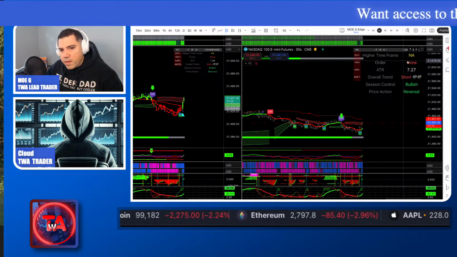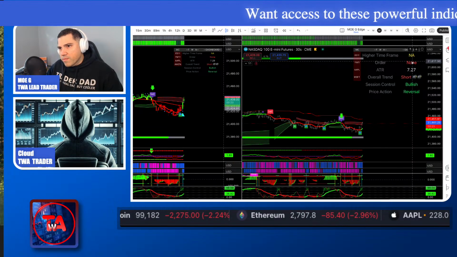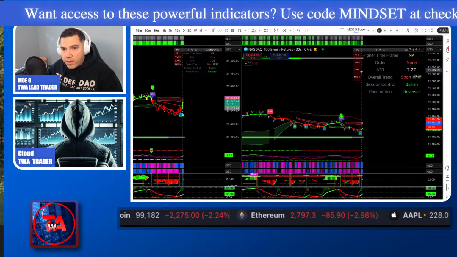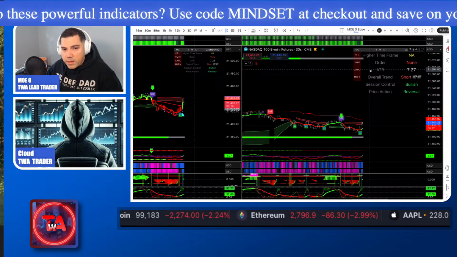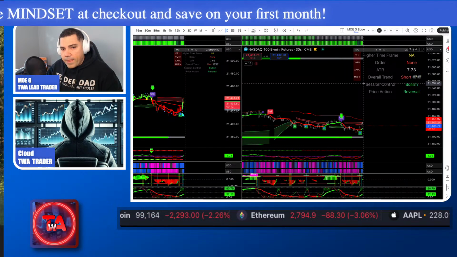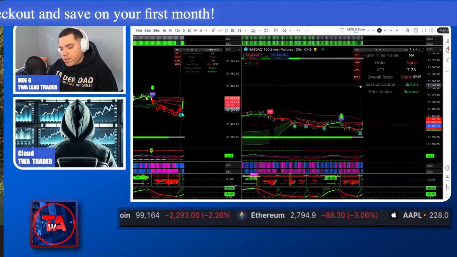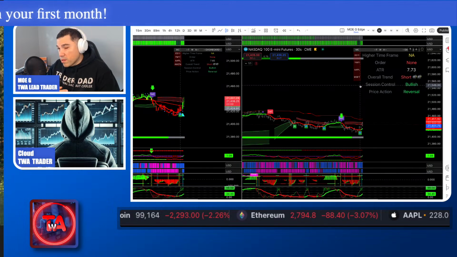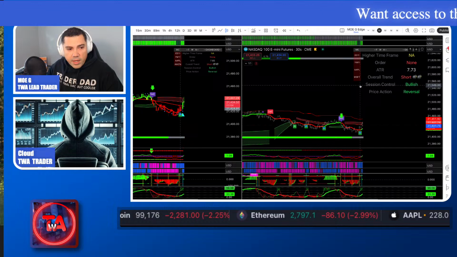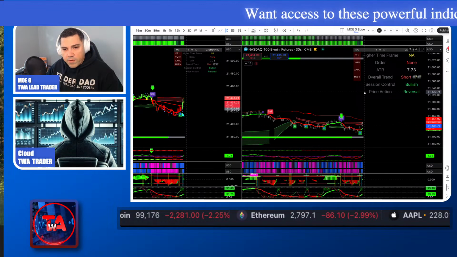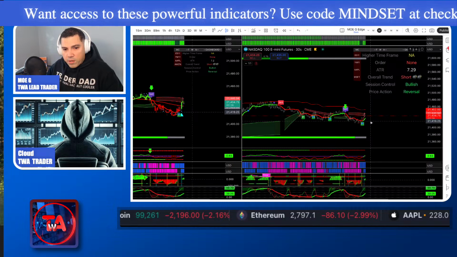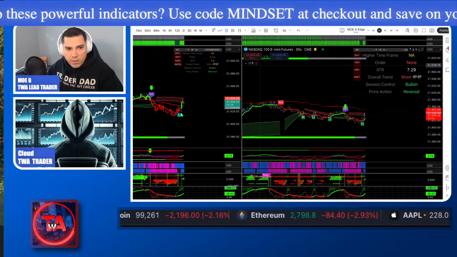The order, none, so that means there's no strong trend. We're skipping over ATR and overall trend for now. If we look at session control, within this session, I think we're in London session still until 9:30, it's bullish and price action is reversal. So if you want to look long, this would be a good opportunity to look long.